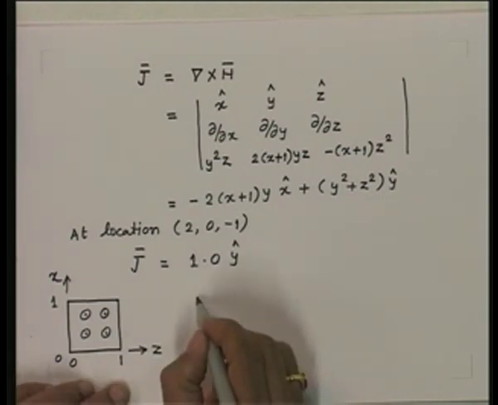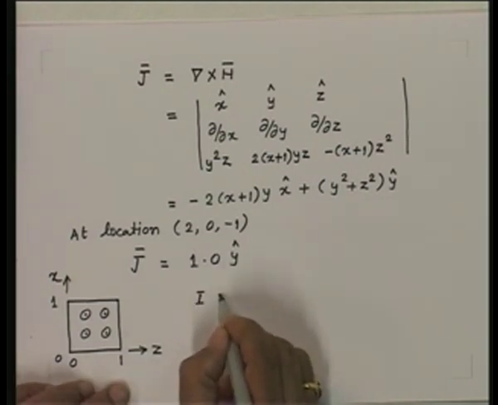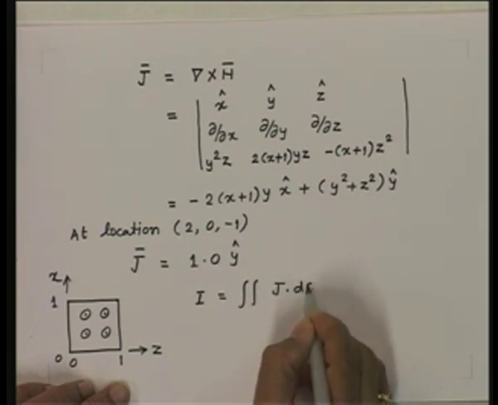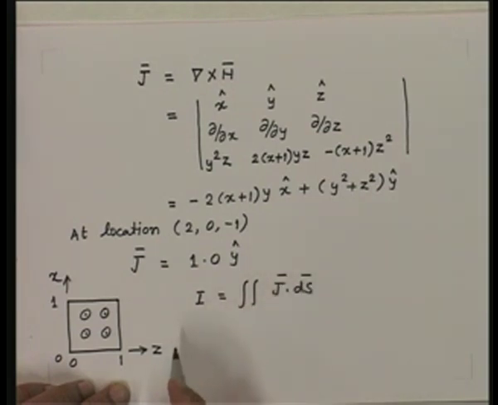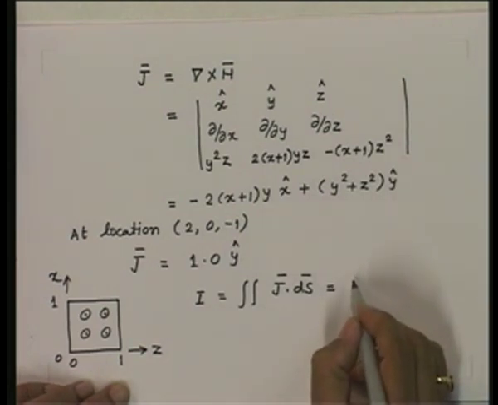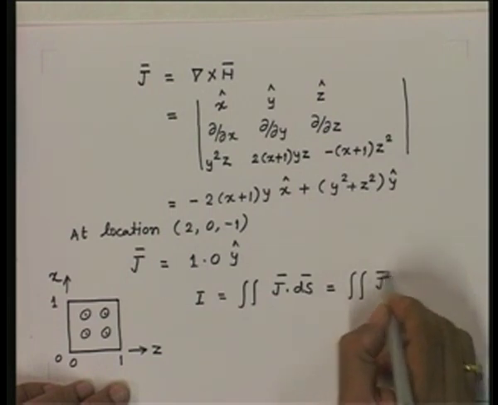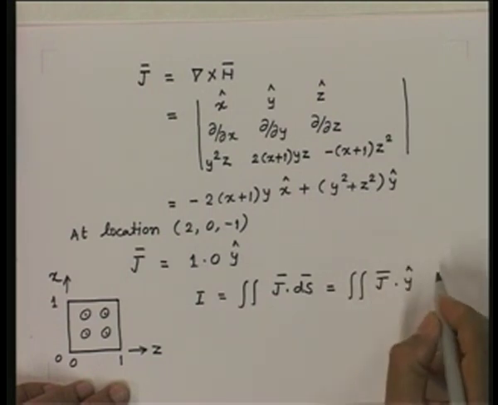So now the total current enclosed by this, I, will be the integral of J dot dS, which is nothing but the integral of J dot y cap dx dz.